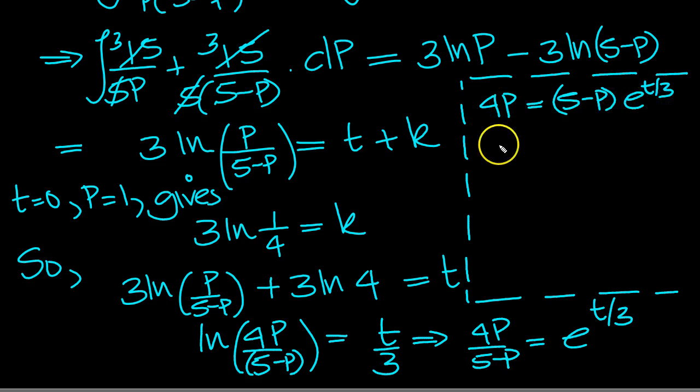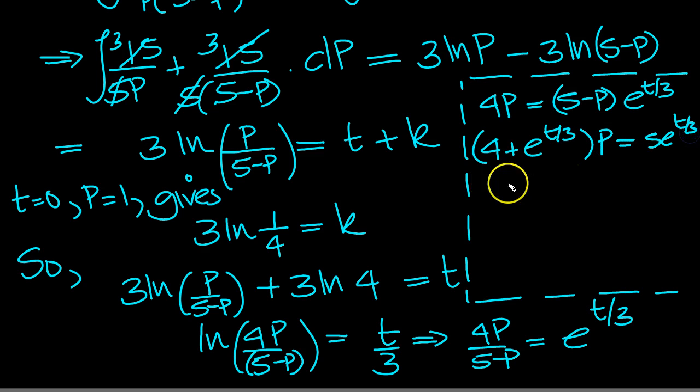Move this over to be with the 4, so we'll get 4 plus e to the t over 3 lots of p. So 4 plus e to the t over 3 lots of p equals 5 e to the t over 3. Now p will then equal 5 e to the t over 3 over 4 plus e to the t over 3.